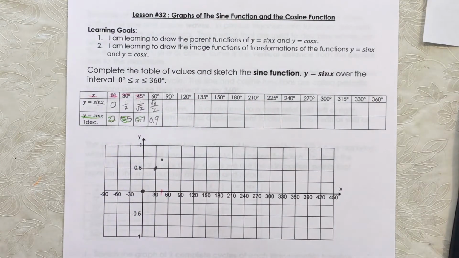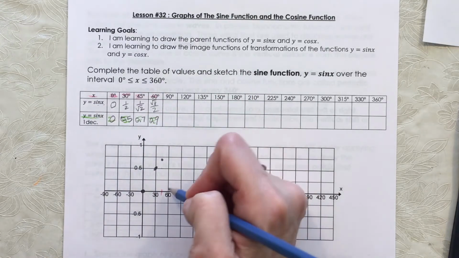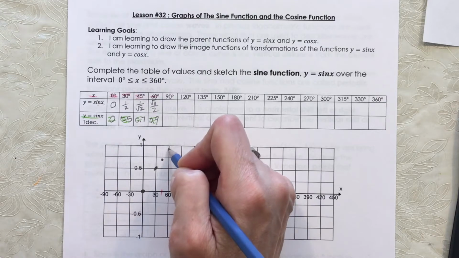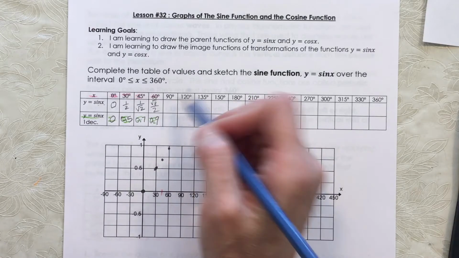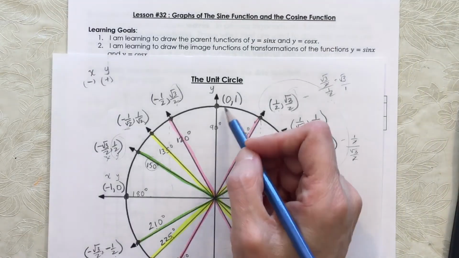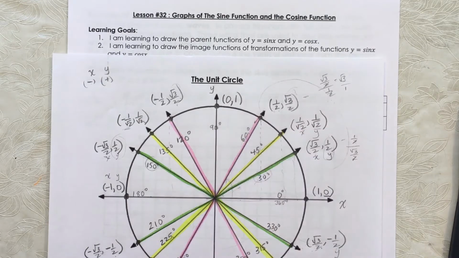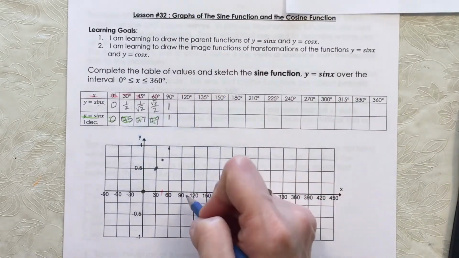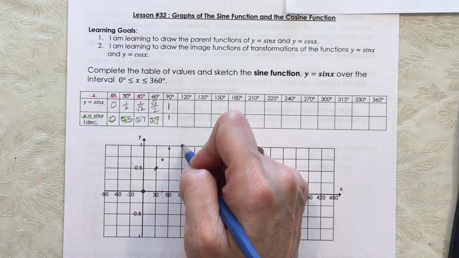So when the x value is 60, the sine of 60 is 0.9. So 60, here's 0.75. So 0.9 is about here. And then 90, the sine of 90, so the y value at 90 is 1. So 90 and 1.